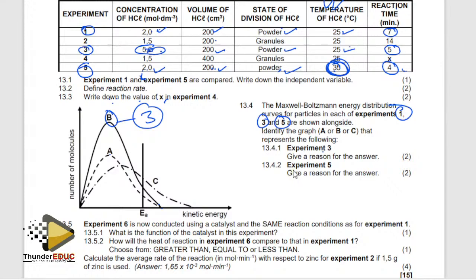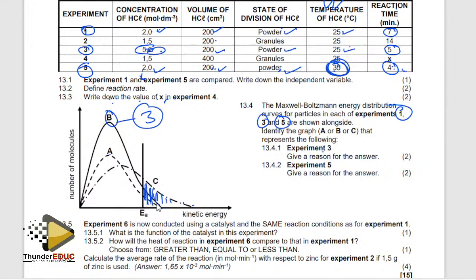now you're saying that give experiment 5. What is experiment 5? What is different? It has the fastest rate, you see, meaning that it has a high number of particles which are colliding. So if you look at this, automatically this is going to have the highest number of particles. You see, these are the particles with sufficient energy.